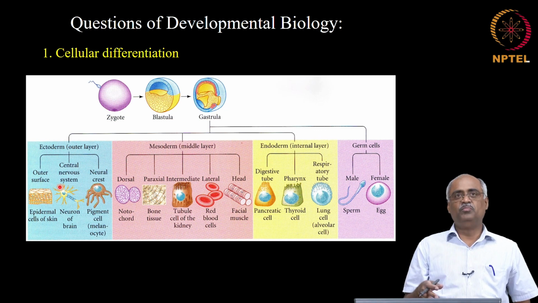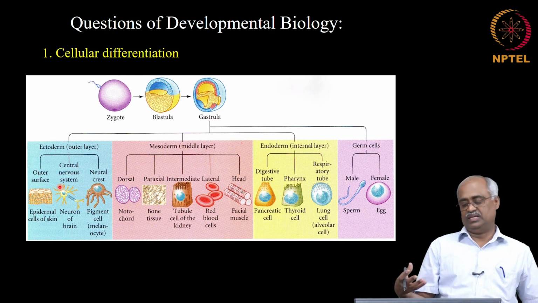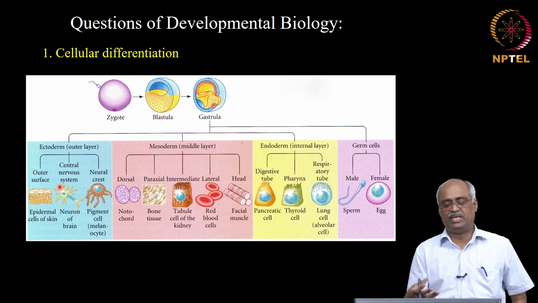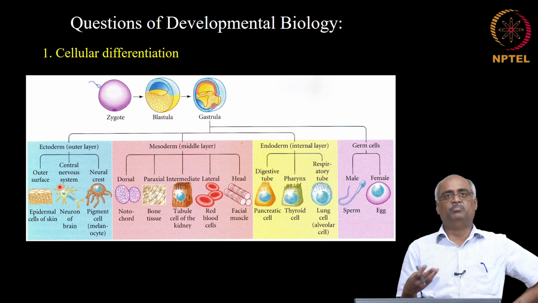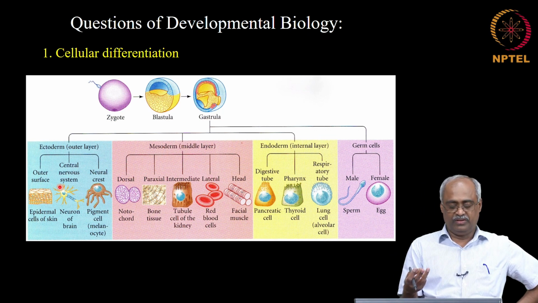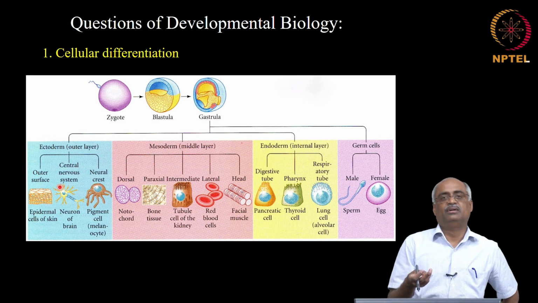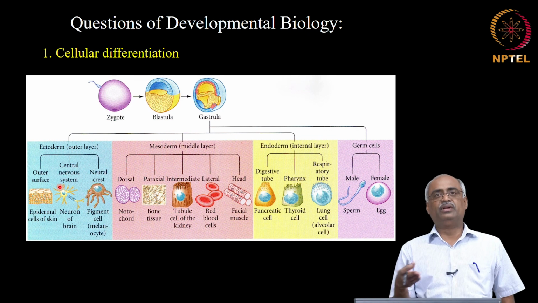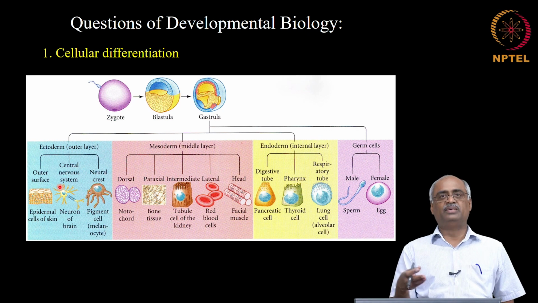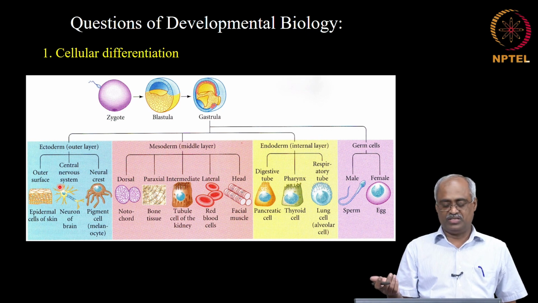But then at some point the cells have to become different kinds of cells. Simple multiplication of the same type is not going to be enough. For example, you need to make your brain, and brain cells are very different from the cells that form the cardiac muscle. So, how do these different kinds of cells form? That is what we call cellular differentiation.